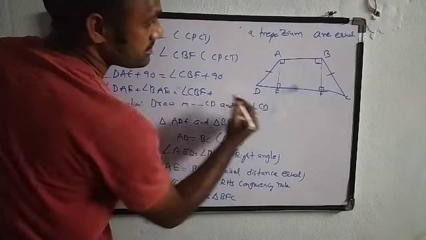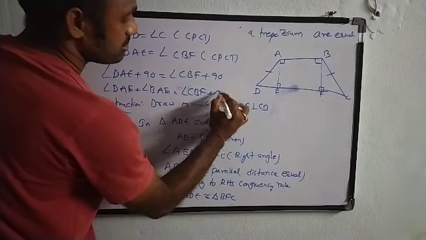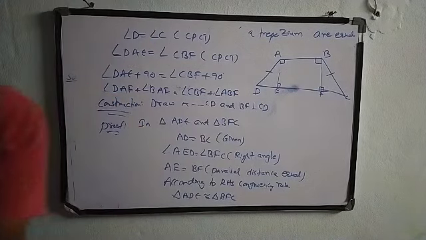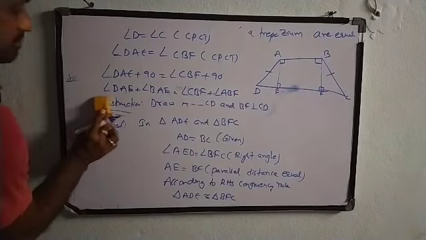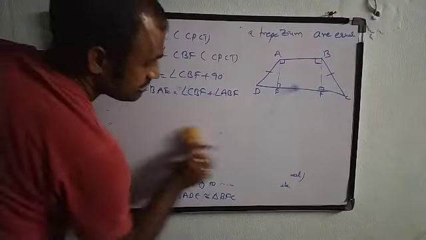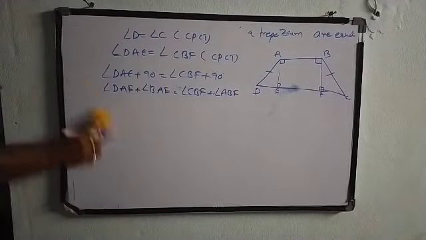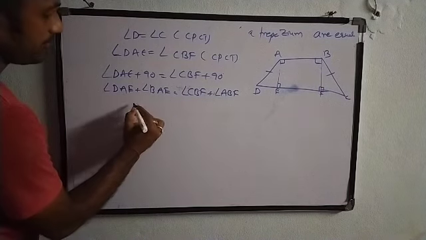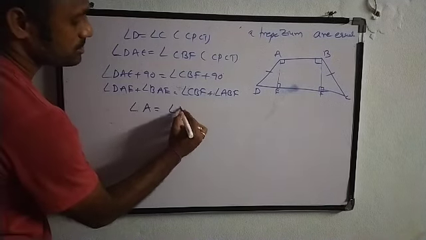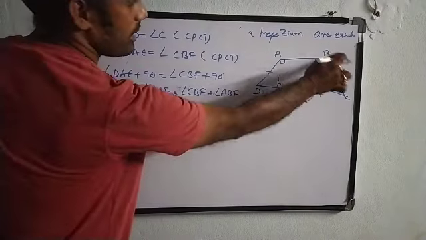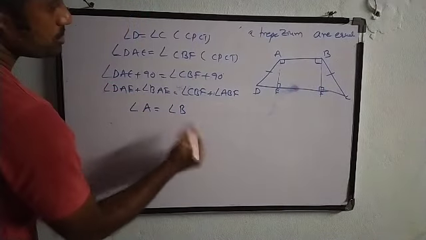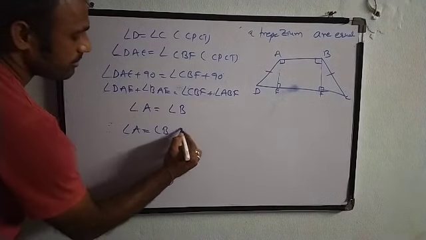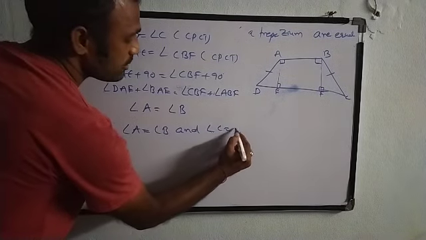Here we can take this 90 degrees, so angle BAE is equal to angle CBF plus 90 degrees, which is angle ABF. So angle DAE plus angle BAE will be angle A, which is equal to angle B. Therefore, angle A is equal to angle B and angle C is equal to angle D.